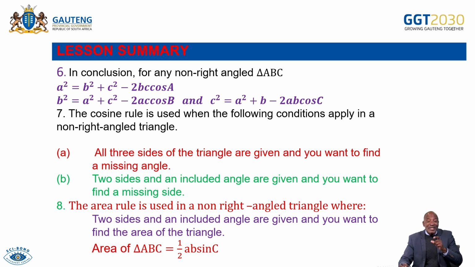The area rule also needs two sides and an angle between them. The same applies to the cosine rule. So when all three sides are given in a triangle, you can apply the cosine rule. Or when two sides and an included angle are given, you can apply the cosine rule. Otherwise, the area rule also needs one of those conditions, which is two sides and an angle between.